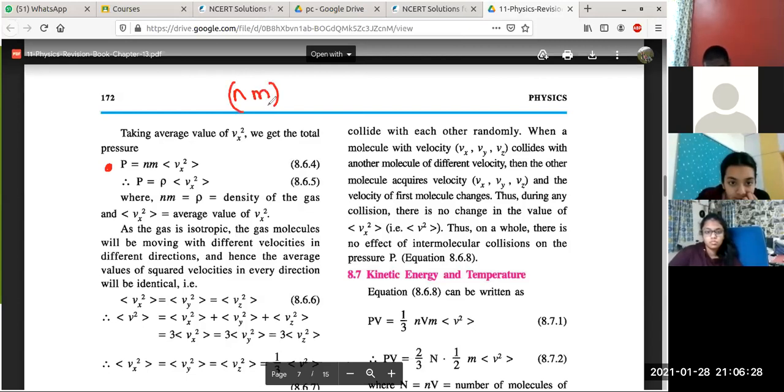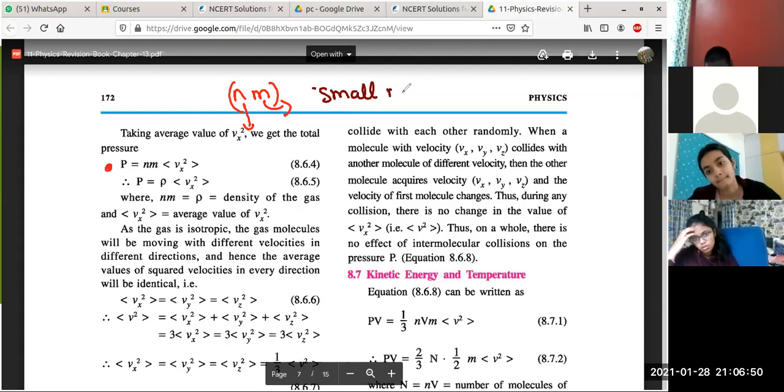Then n m is the total mass of the molecules per unit volume, which is density. This is small m.